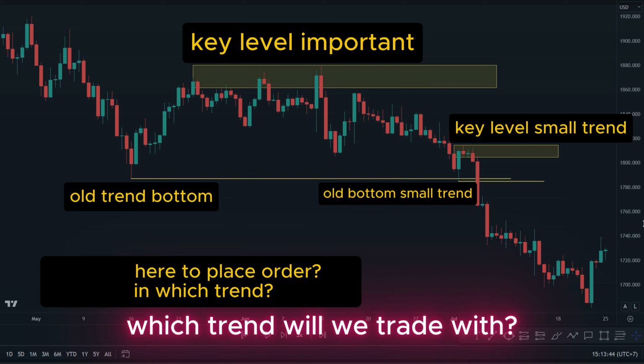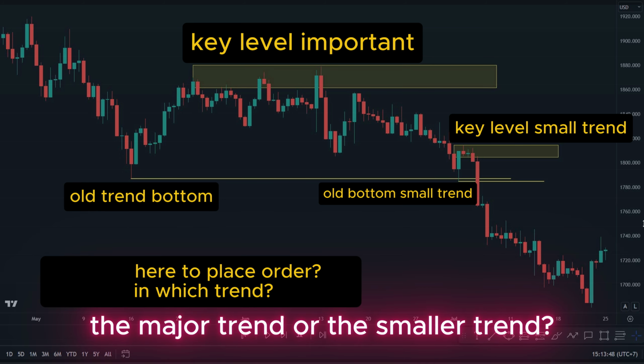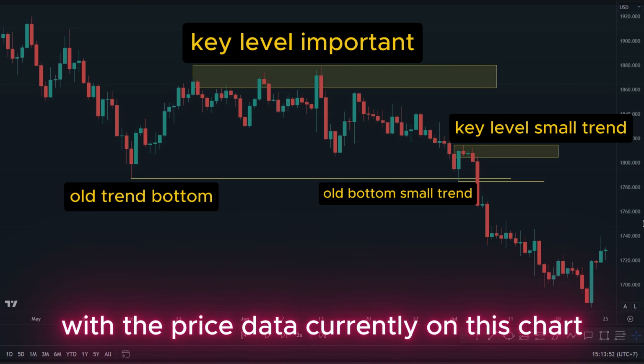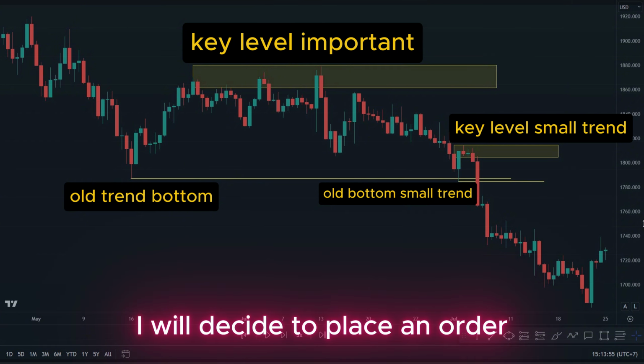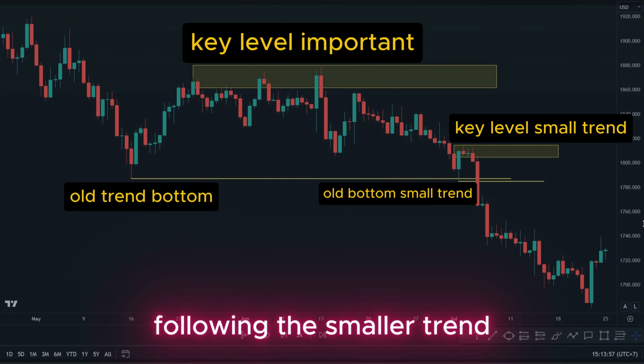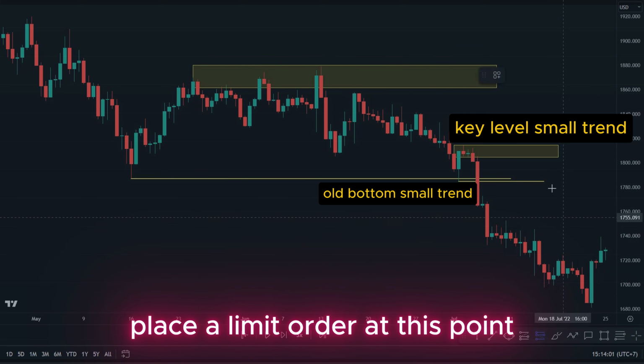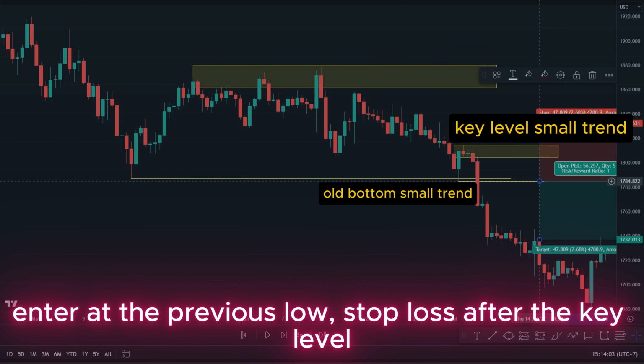So the next question is, which trend will we trade with? The major trend or the smaller trend? With the price data currently on this chart, I will decide to place an order following the smaller trend. I can place a limit order at this point, enter at the previous low, stop loss after the key level, and take profit below like this.